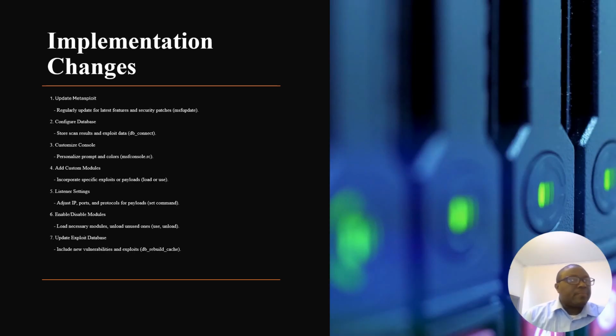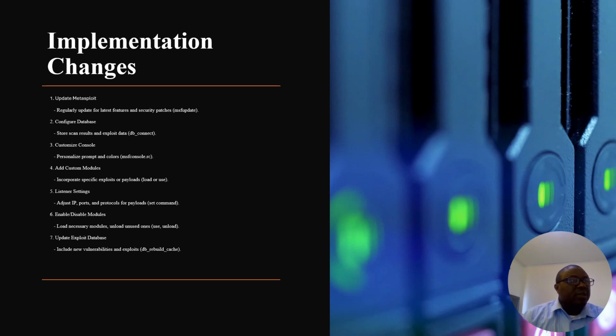Implementation changes. Update Metasploit. Regularly update for the latest features and security patches. Configure the database. Store scan results and exploit data. Customize the console. Personalize the prompt and color characters. Add custom modules.